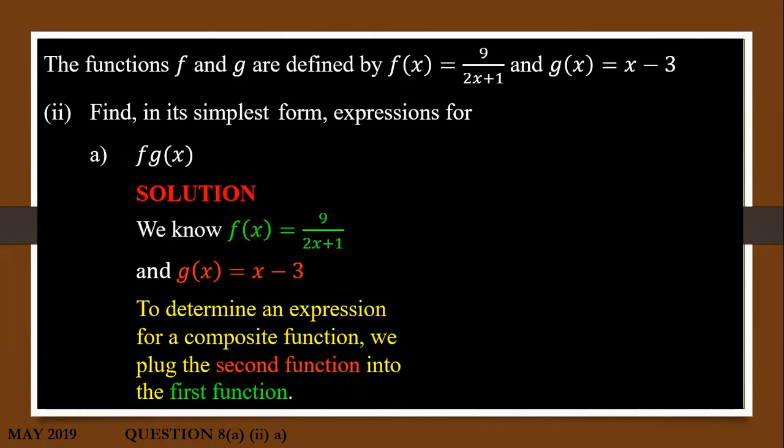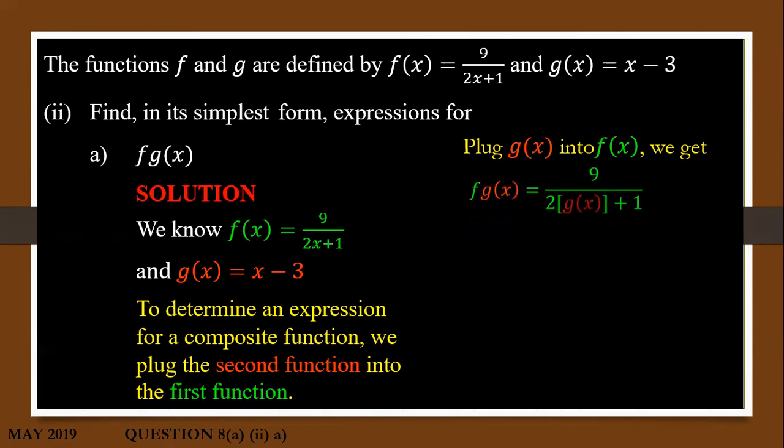Please recall, to determine an expression for a composite function, we are going to plug the second function into the first function. In this question, our second function is g and our first function is f. So we are going to plug g(x) into f(x).